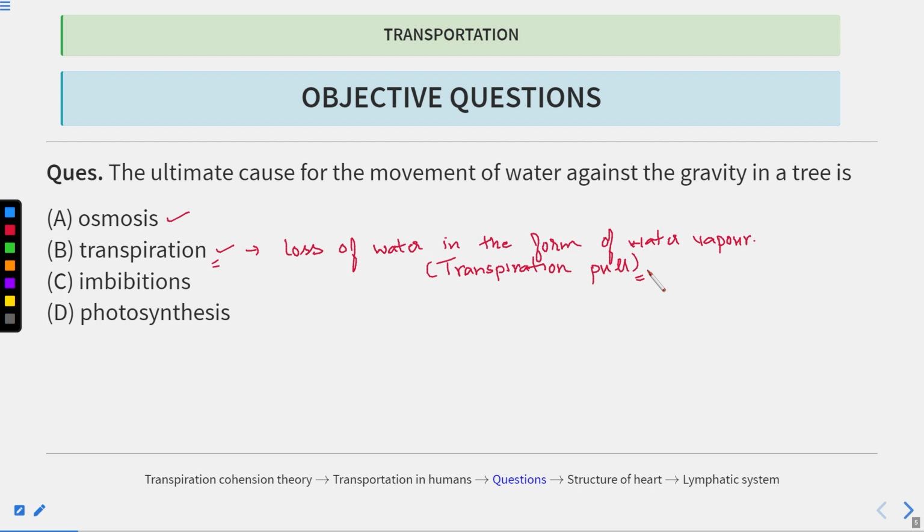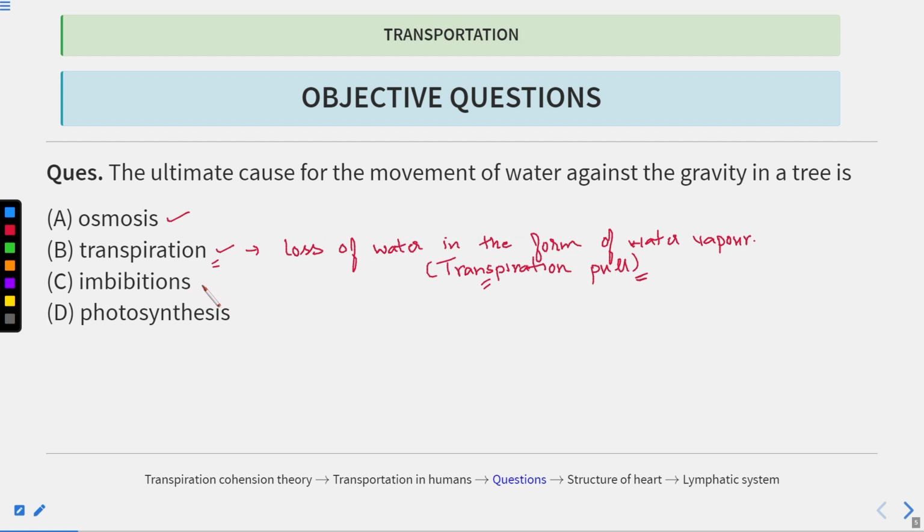So this was the transpirational cohesion theory, and in this, what happens is a continuous column of water is formed due to the cohesive and adhesive forces, and it is pulled with the help of the transpirational pull that is generated due to transpiration. Next is imbibition.